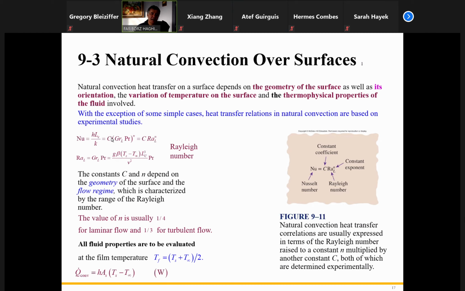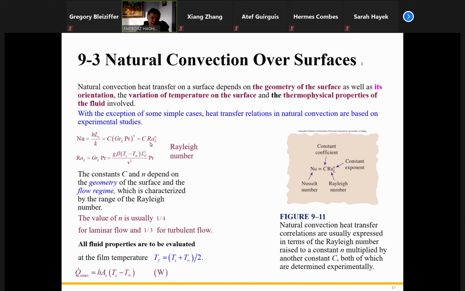And C here represents the coefficient, depending on whether it's vertical, horizontal, and n and so on. The constants C and n depend on the geometry of the surface and the flow regime, which is characterized by the range of the Rayleigh number. The value of n right here usually is 1/4 for laminar flow and 1/3 for turbulent flow.